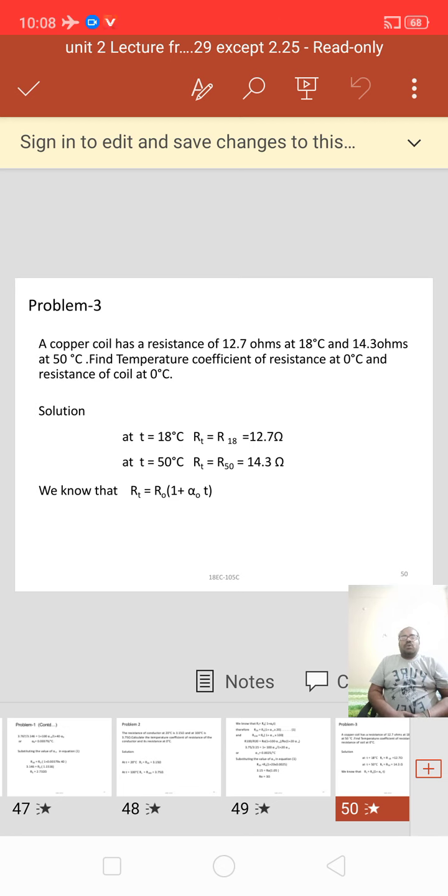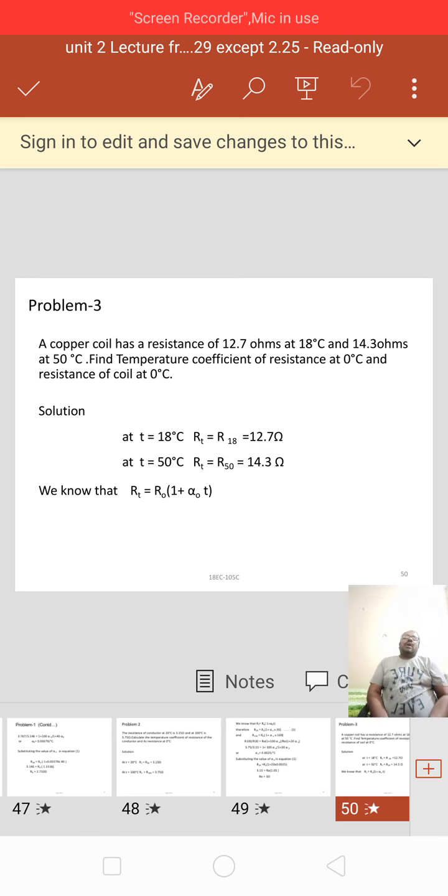Solution: at T equal to 18 degrees Celsius, RT equal to R18 equal to 12.7 ohms, and at T equal to 50 degrees Celsius, RT equal to R50 equal to 14.3 ohms.